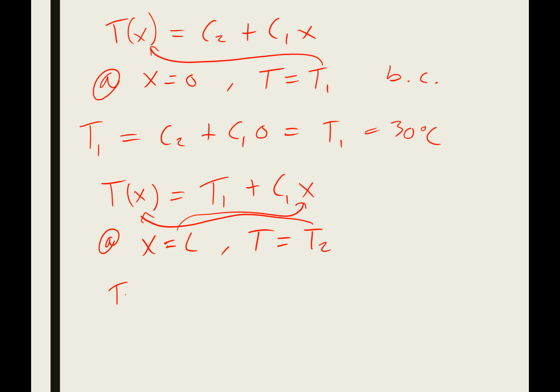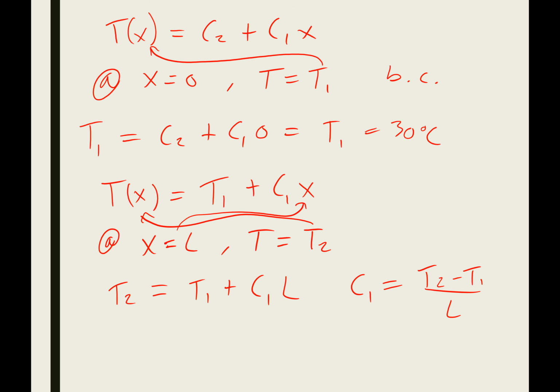So we would end up with T2 is equal to T1 plus C1 multiplied by L. Okay, so that tells us that C1 is equal to T2 minus T1 over L. Great. Okay, so now we know both of our constants of integration.